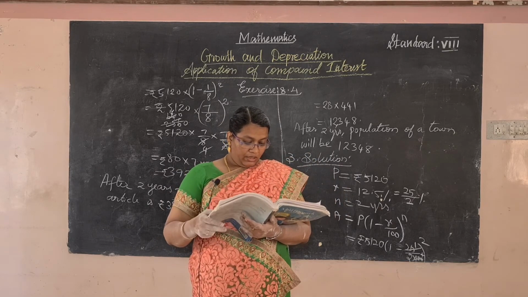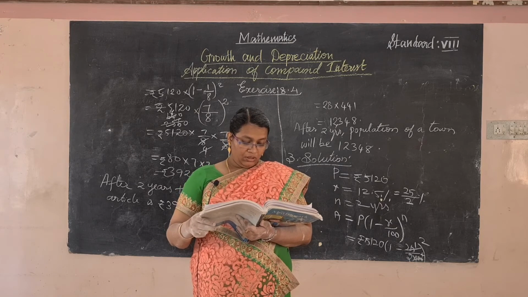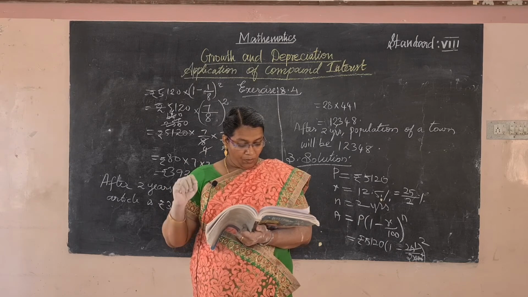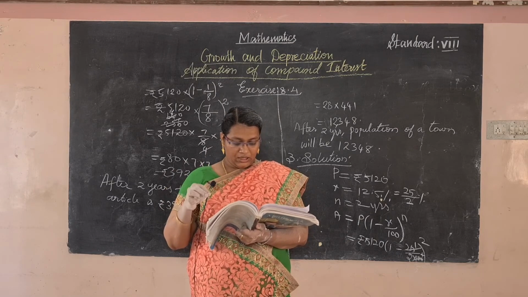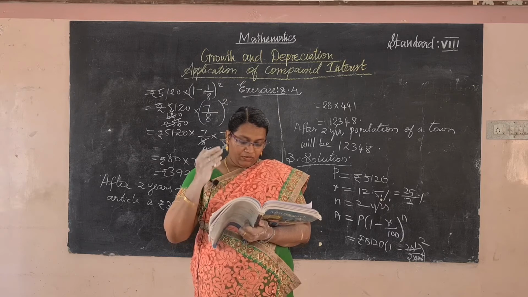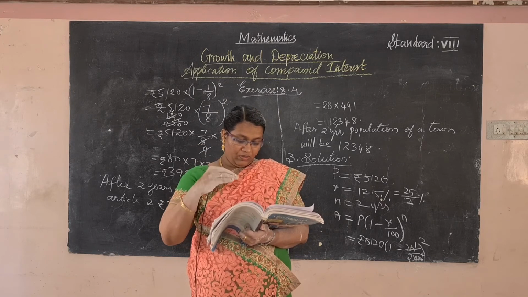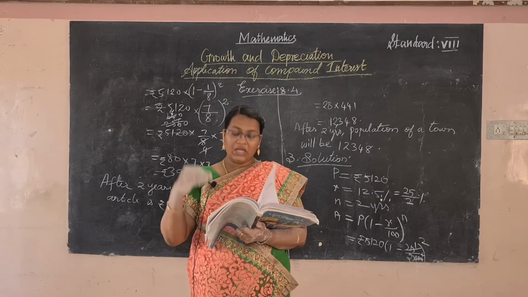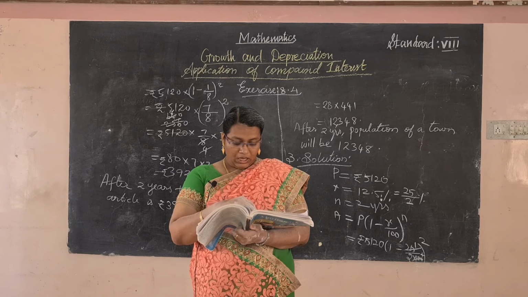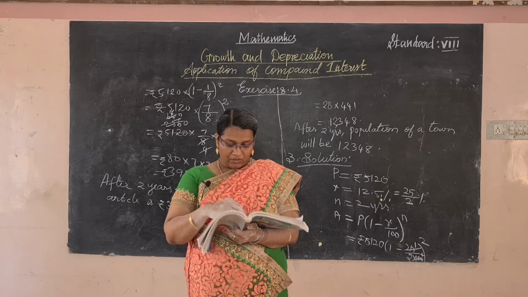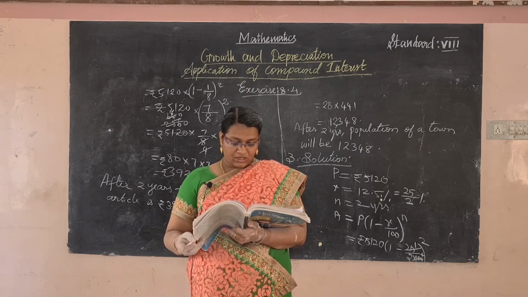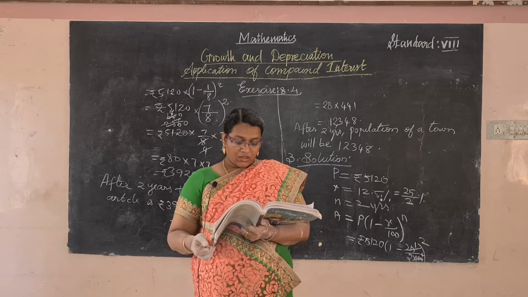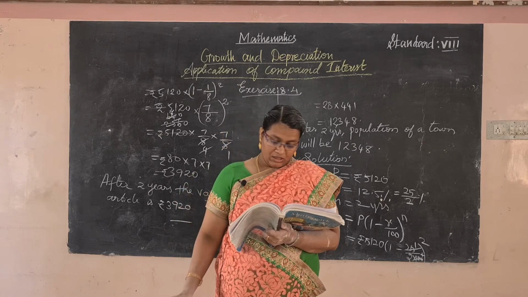Okay, in the previous problems the principal was clearly given, but here the population of females increased from one number to another. So first we have to calculate the difference. What is the difference of 1 lakh and 1,33,100? So 33,100.